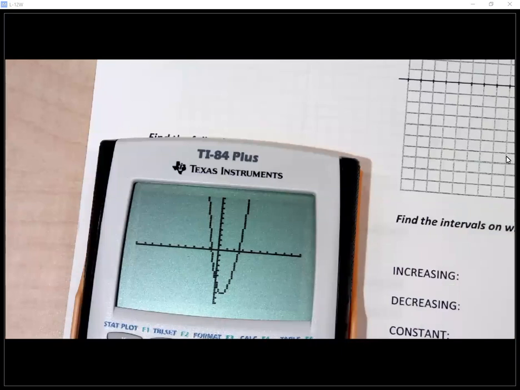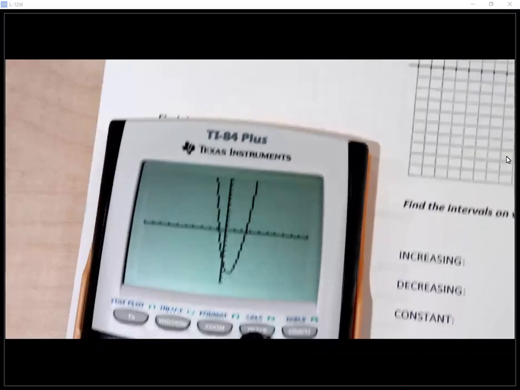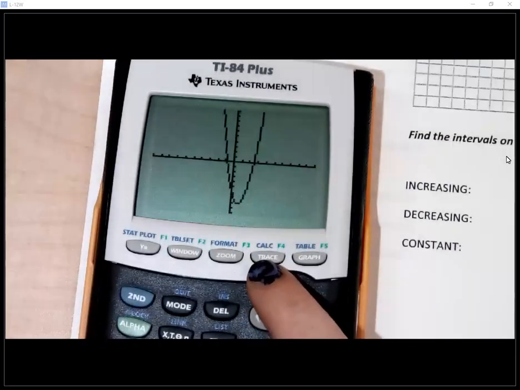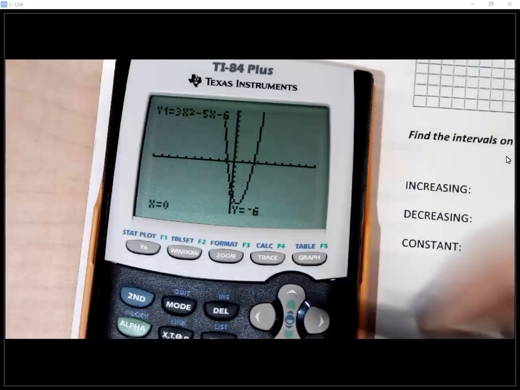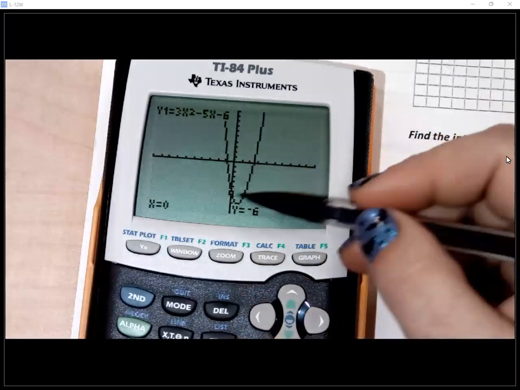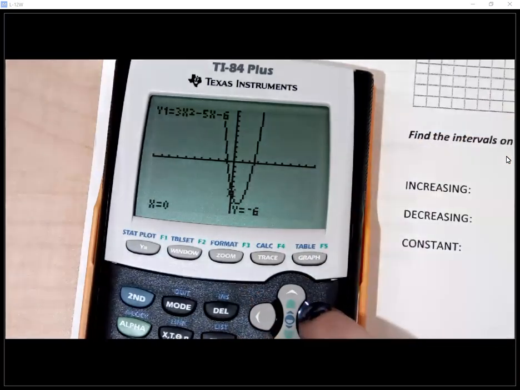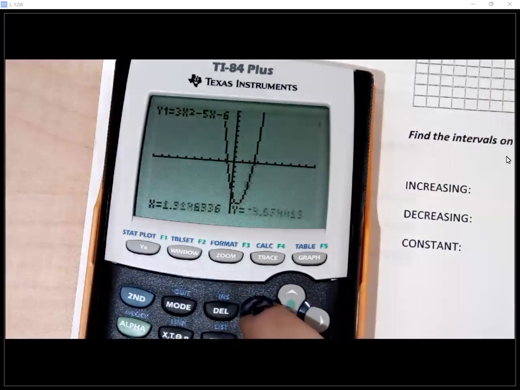So here's the thing. There is a button called trace up here along the top. I'm going to caution you against using trace. Trace, see this little blink, you can hit it if you want. That little blinky guy came up, and then if you move the arrows around, he does move along the curve. The problem is, how do I know he's exactly at the bottom?